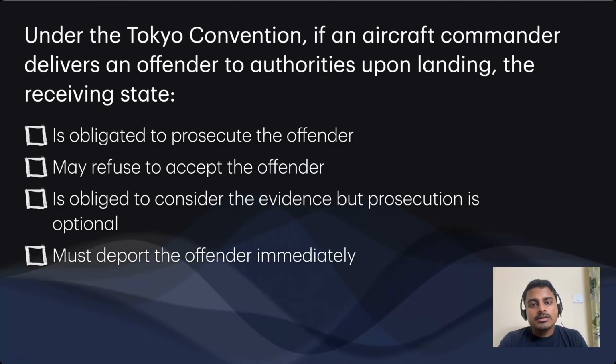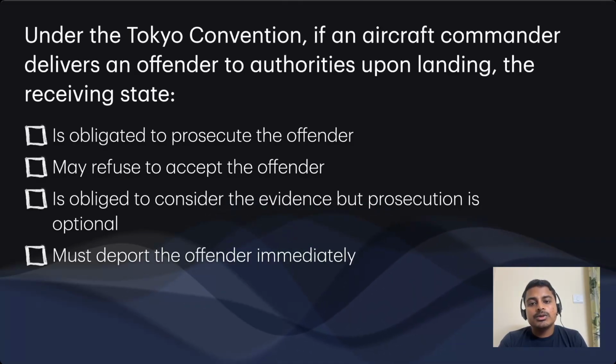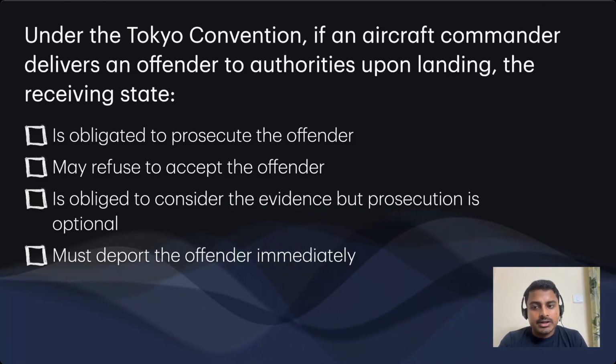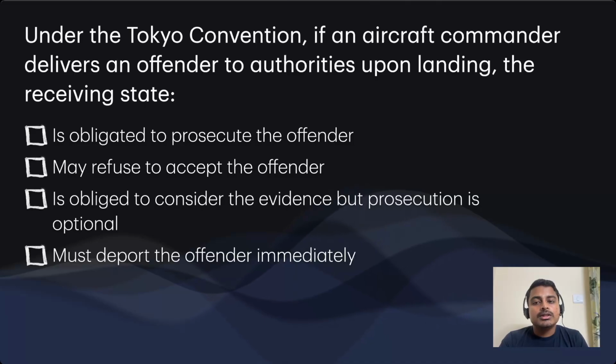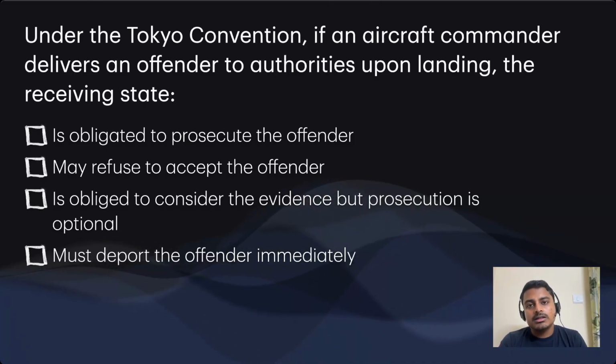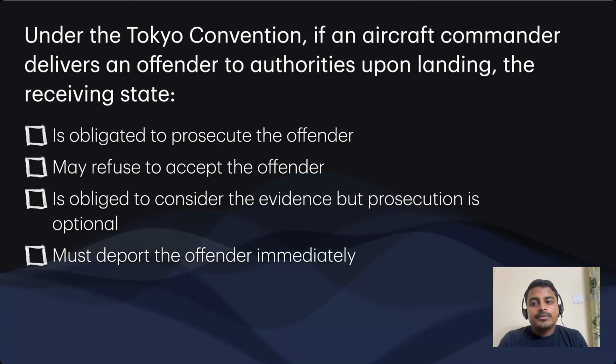In this question they're asking what is the next step that has to be done by the receiving state, whether the Tokyo Convention has any rules that are applicable to the receiving state, or what actions it should take. Now the receiving state has its own rules and regulations, right? The commander had the authority only till landing, right?